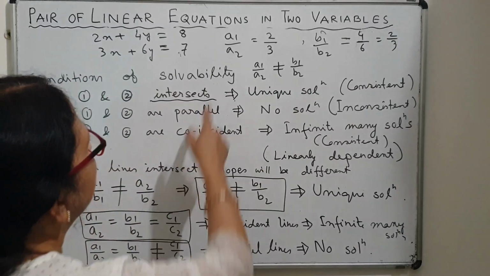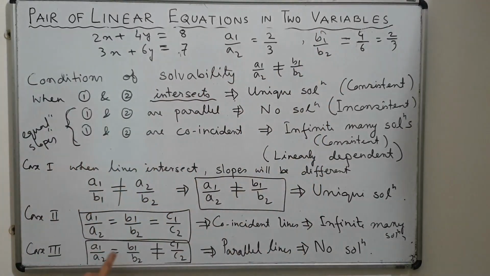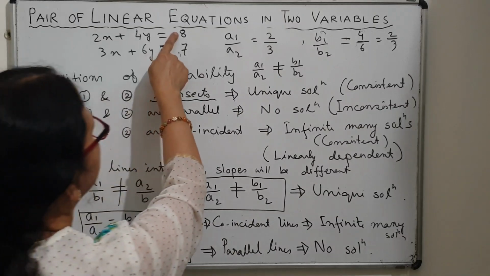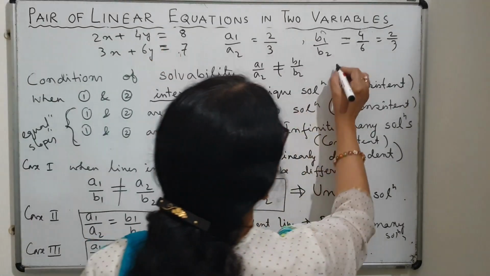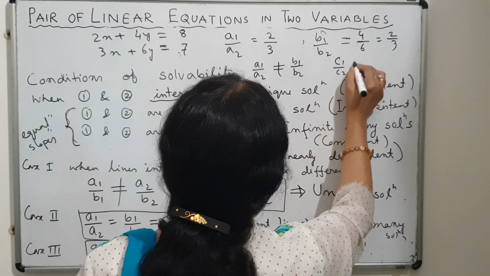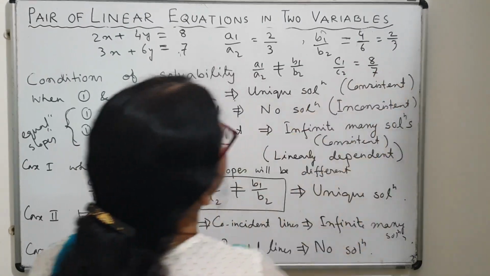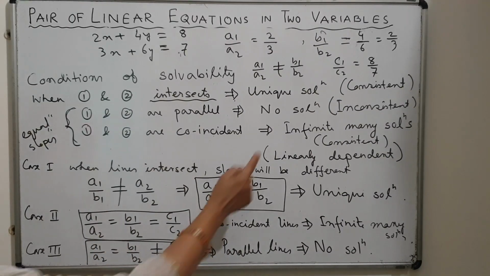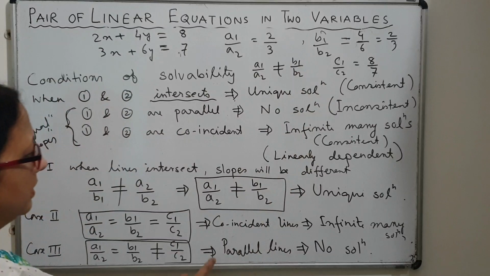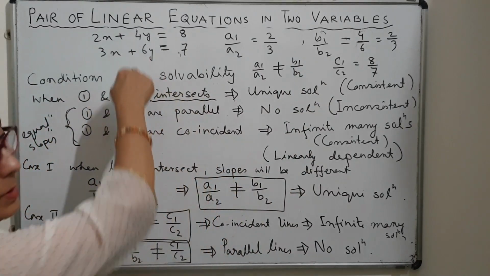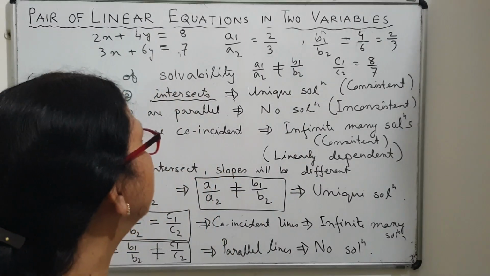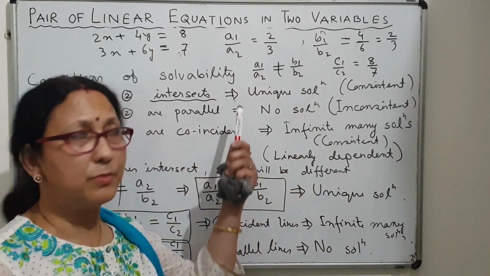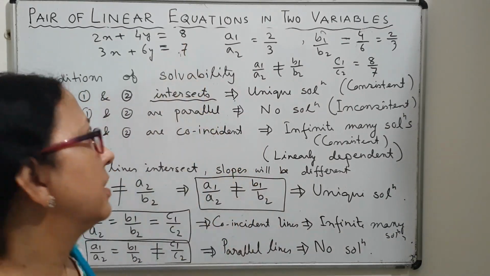So in this case, a1 by a2 is equal to b1 by b2. So now I have to look for the third ratio, c1 by c2. What is c1 is 8 and c2 is 7. So c1 by c2 is 8 by 7. So this is not equal to, so this is the third case, that is a1 by a2 is equal to b1 by b2 but not equal to c1 by c2. So I can conclude that the lines will be parallel. These two lines will never intersect, so they will have no solution. So the system of equations is inconsistent.